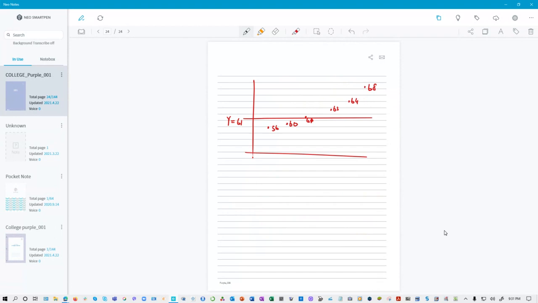If you take the gap, 56 minus 61 is negative 5. This one is negative 1. This is 0. This is plus 1. This is plus 2, no, I'm sorry, plus 3.